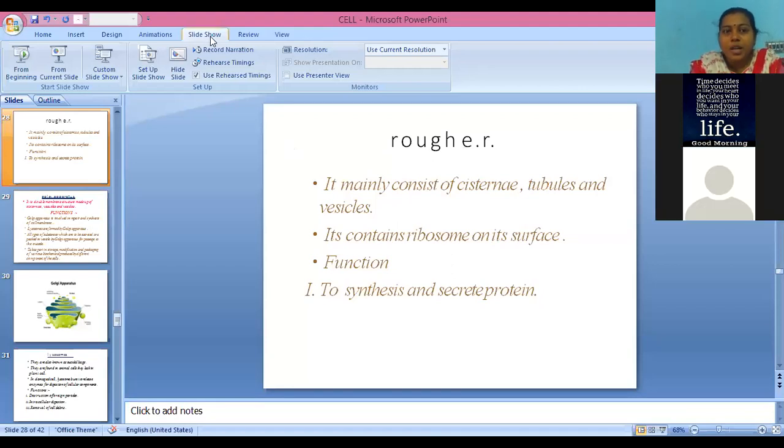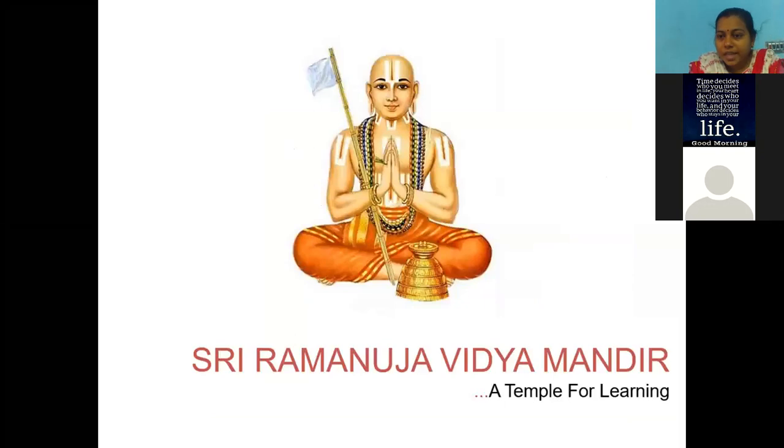Ma'am, can you hear me now? Yes, I can hear you. Ma'am, in that 14th question, the balancing of equation is there, about 6 CO2, 12 H2O, that one near the glucose, ma'am.